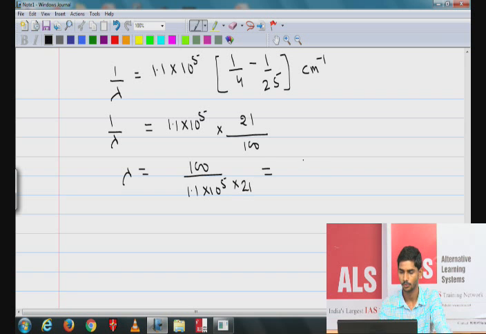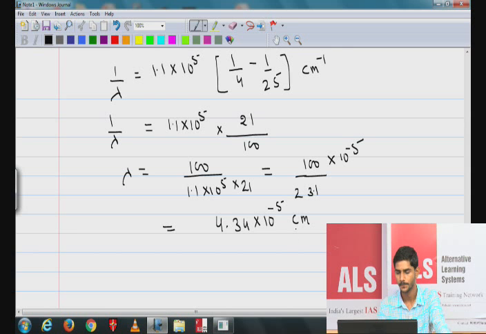So this one will be 100 upon 23.1 into 10 to the power minus 5. So when you solve it, it will be 4.34 into 10 to the power minus 5. Dear, unit will be centimeter.